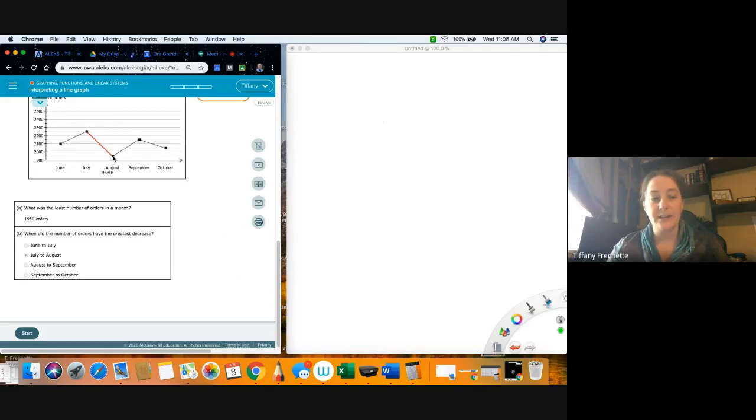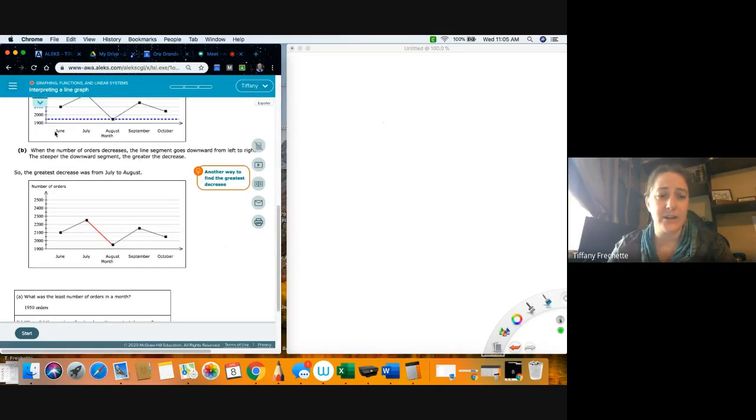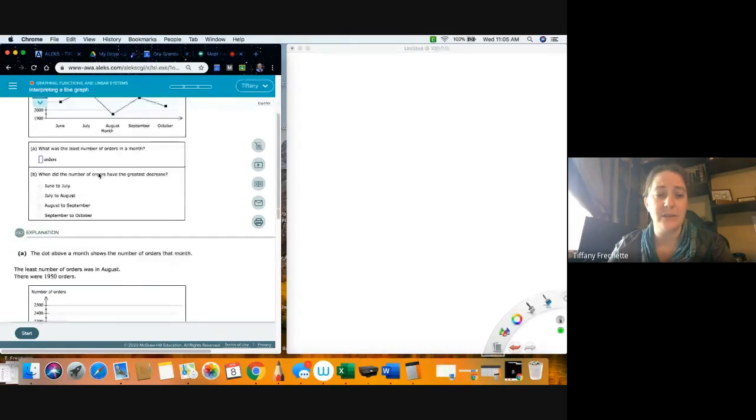So we go to August and we say, oh, okay, that was between 1900 and 2000, and it's right in between, so that must be 1950. So remember these gray lines kind of in between, or the lighter gray lines, those ones are 50 marks.